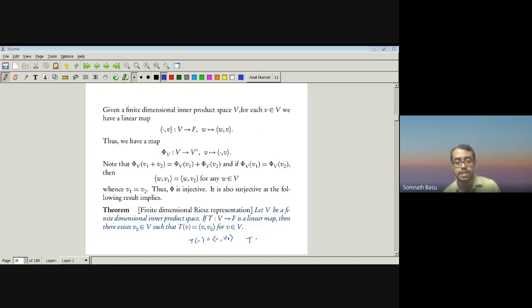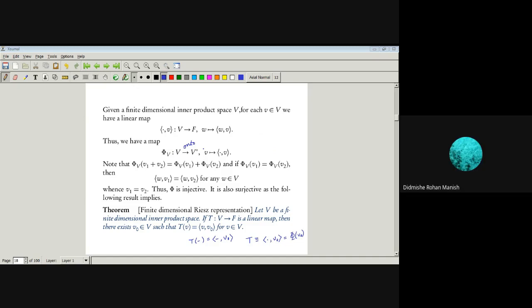In other words, the linear map T is identical to the map that we are calling capital Phi of v0. In particular, this is saying that this map is onto. It's already linear, it's already injective, so it will be a linear isomorphism. So given an inner product, there is a linear isomorphism from V to V star, which is given by this method.